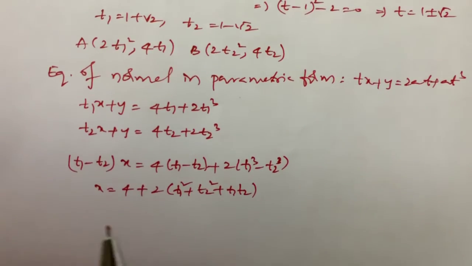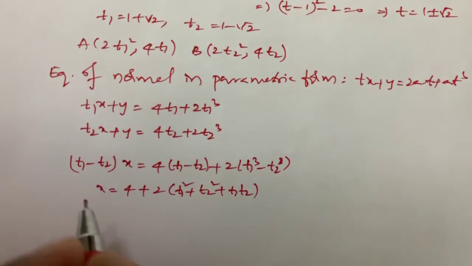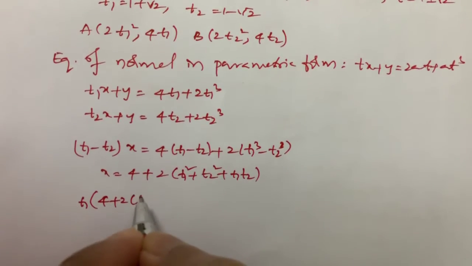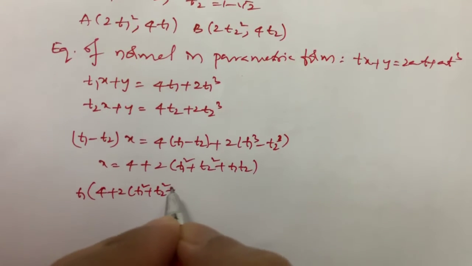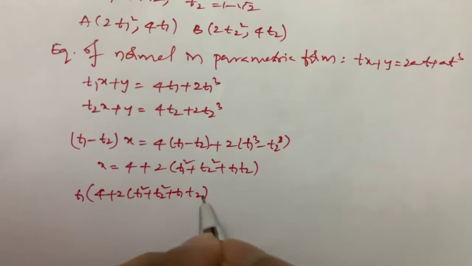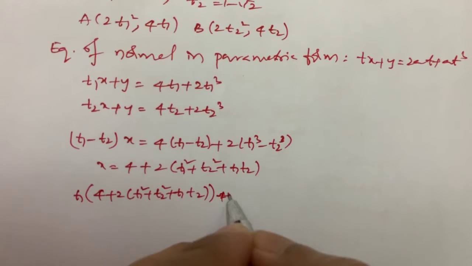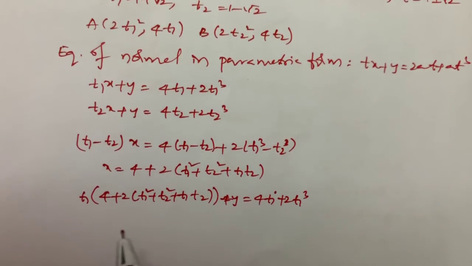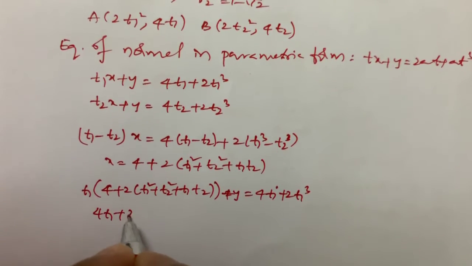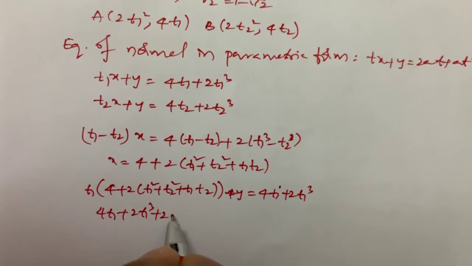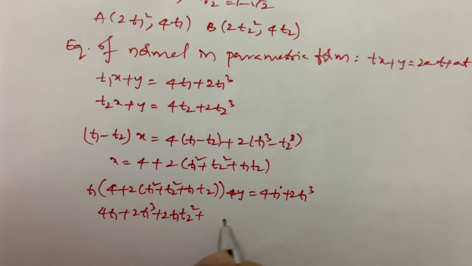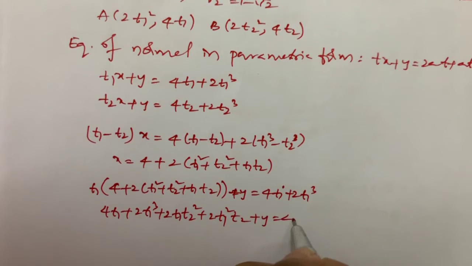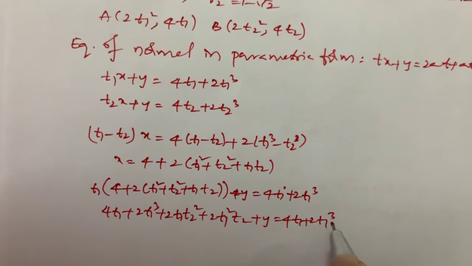If I substitute the x coordinate in any of the equations, I'll get y. So t1 times (4 + 2(t1² + t2² + t1t2)) + y = 4t1 + 2t1³. So 4t1 + 2t1³ + 2t1t2² + 2t1²t2 + y = 4t1 + 2t1³.